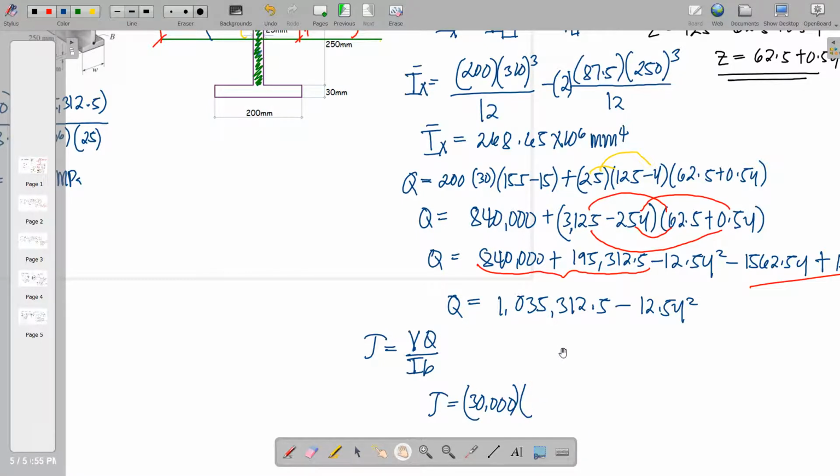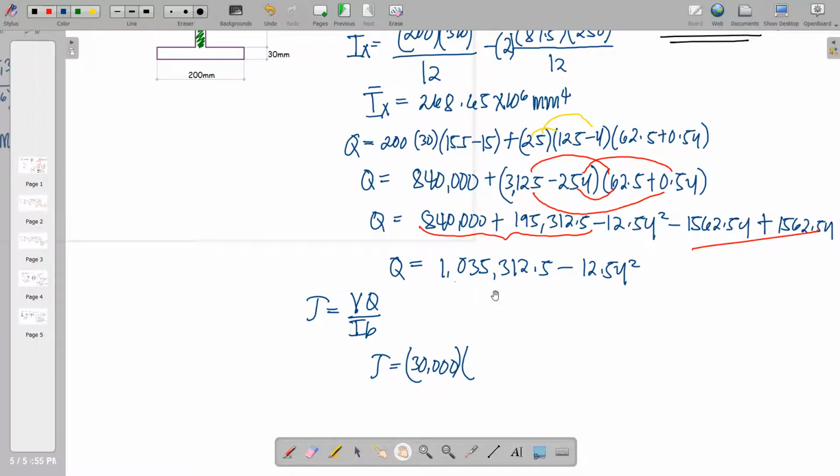And then Q will be in terms of y, we have 1,035,312.5 minus 12.5 y squared.